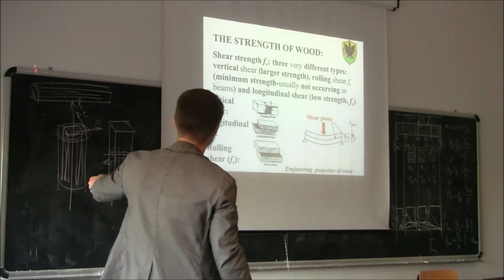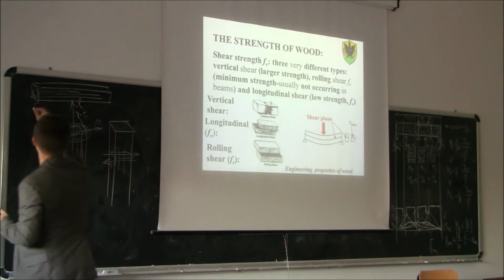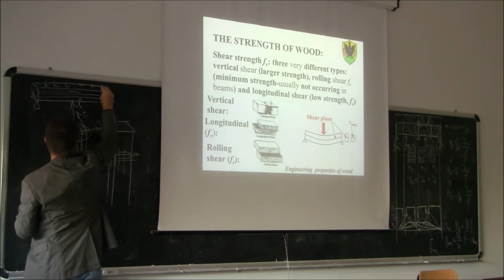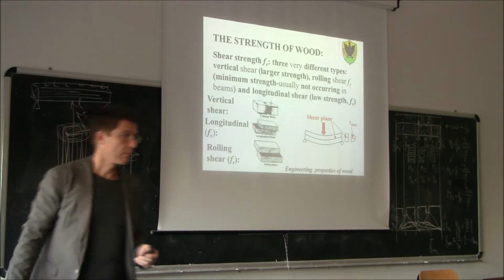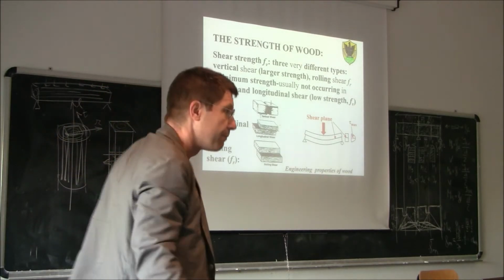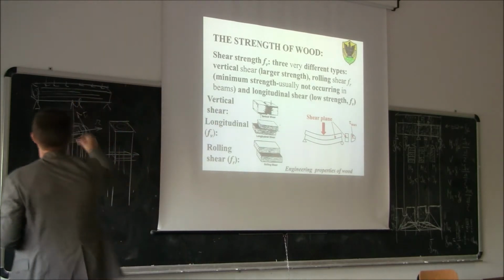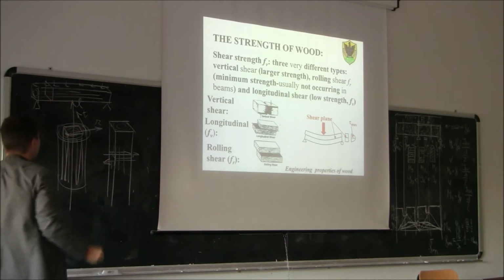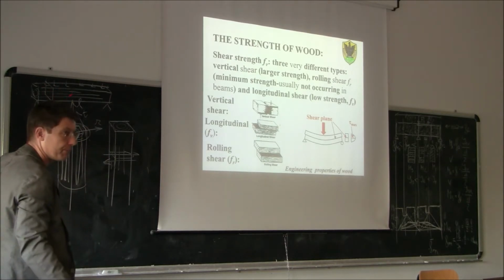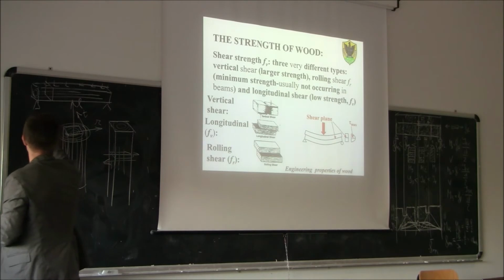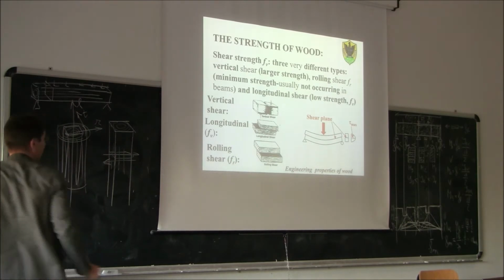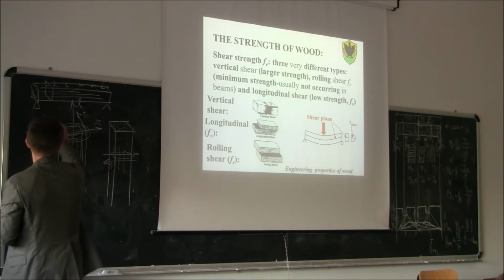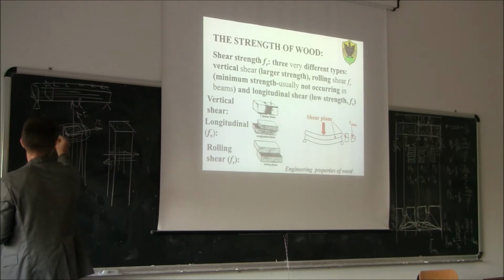So we load our beam. And we have some shear. This is the cross section that we usually check for shear, right? This is the cross section. Then we calculate the stress distribution, for a rectangular cross section we use Jourawski, for example. We have a parabolic distribution.